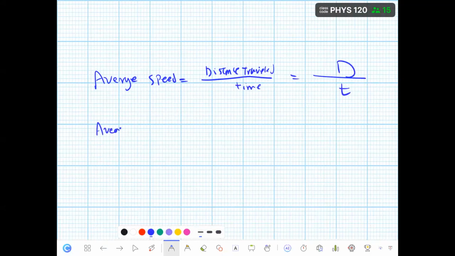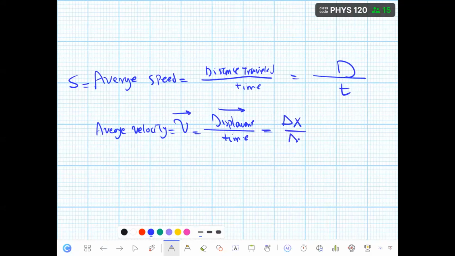Average velocity, or we show it with v, and the speed with s, is going to be displacement over time. And then I put the vector sign on the top. Good. The vector means that this is a vector. Good. So, the displacement I show with delta x over delta t, or I say x final minus x initial divided by delta t.